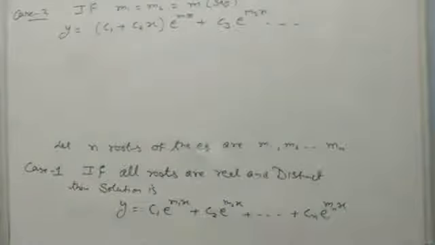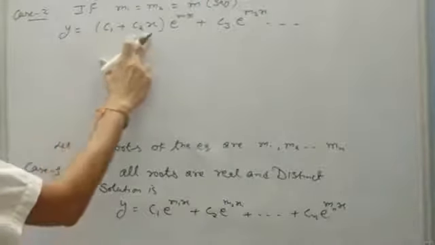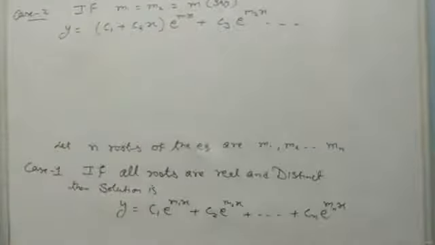This means when there are two equal roots, we write c1 plus c2x, and the equal root appears only one time.